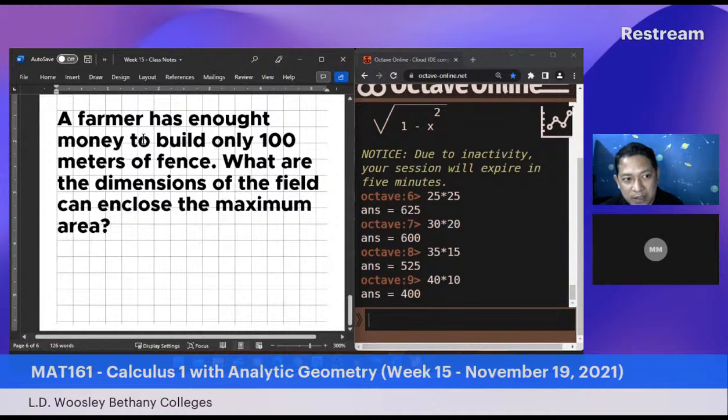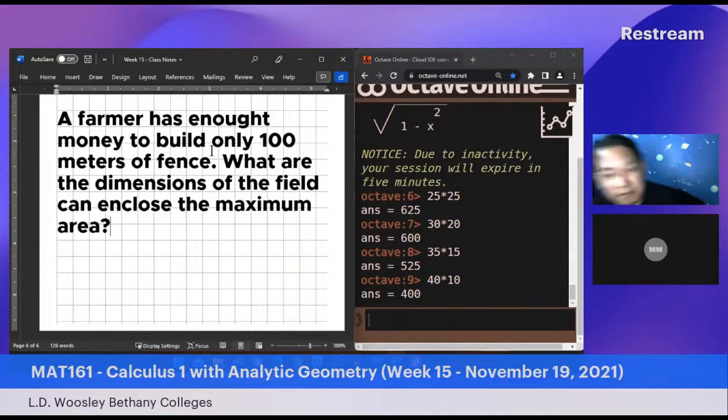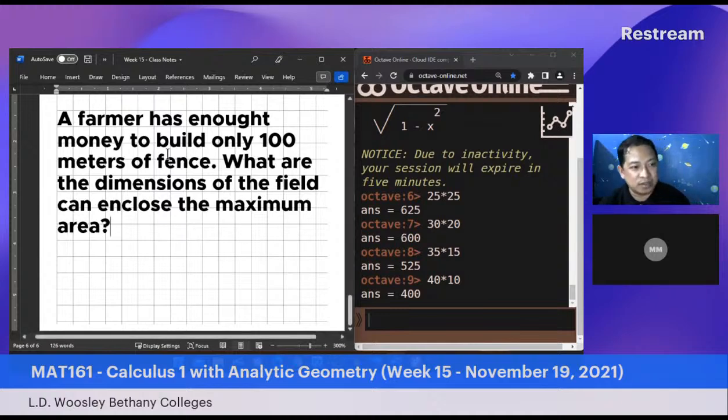A farmer has enough money to build only 100 meters of fence. So meron kang fence, may bakod, 100 meters lang yung availability. Okay, what are the dimensions of the field he can enclose with the maximum area?